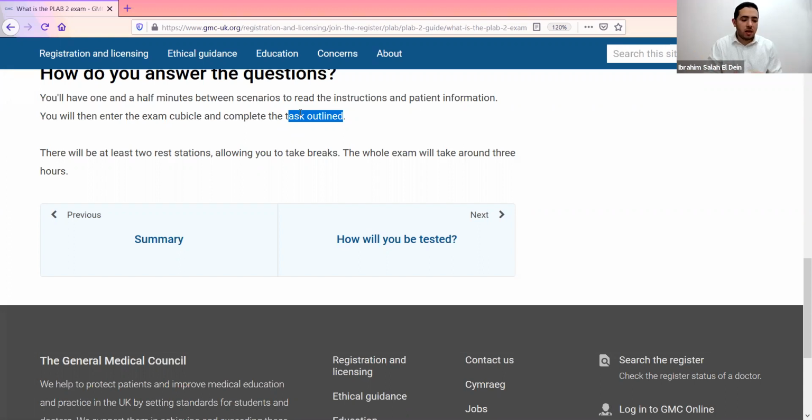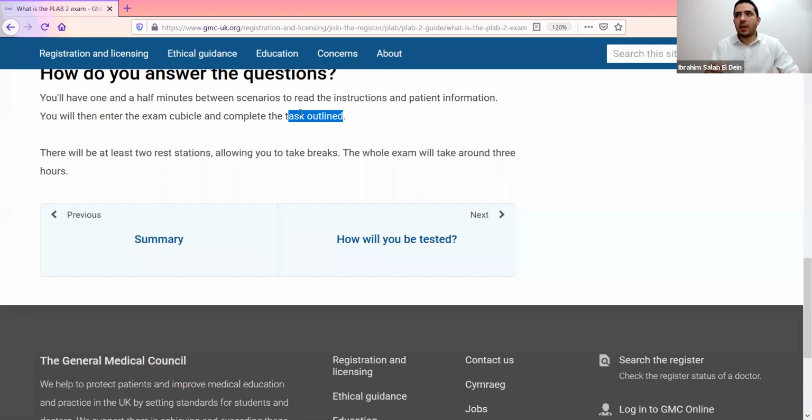Because sometimes they bring a scenario and you think you will manage this scenario, you will prescribe medication, and it's just for follow-up, or even it's just breaking bad news, or even it is an angry patient. So read the task again and again and again.